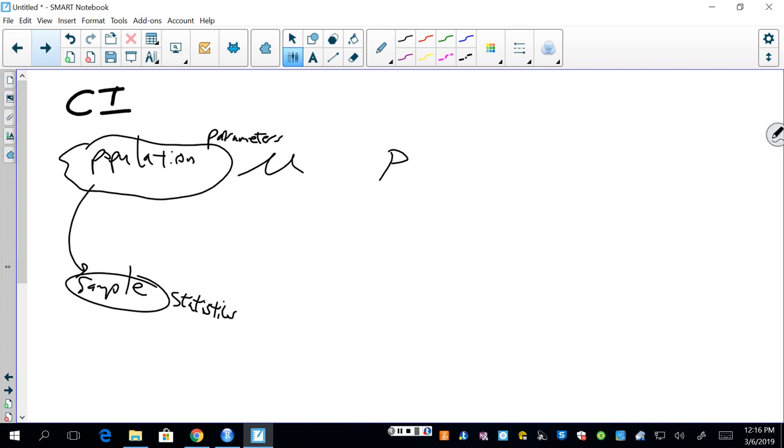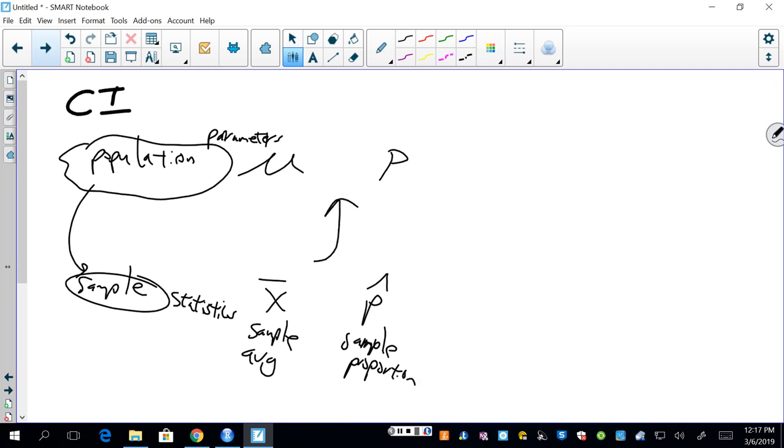They're the characteristics of the population, and we can have X bar as a sample average, or P hat as a sample proportion. And we're going to make inferential statements going up that way.